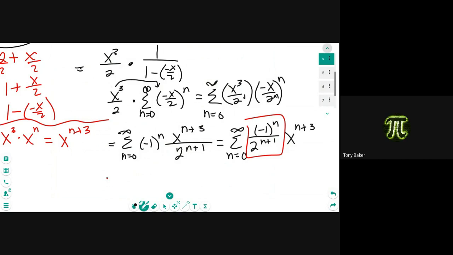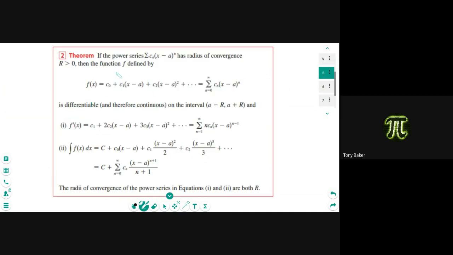So what this next theorem states is, if we have our power series, so here's my power series, as long as it is differentiable, which means it's continuous, I can take the derivative of both sides. So if I took the derivative of f of x, I get f prime of x.